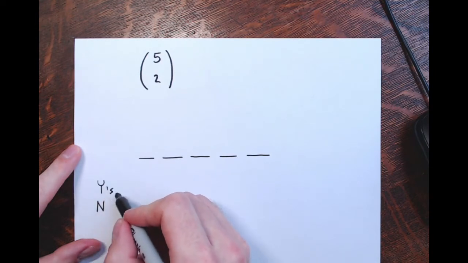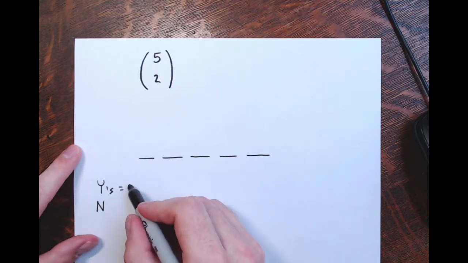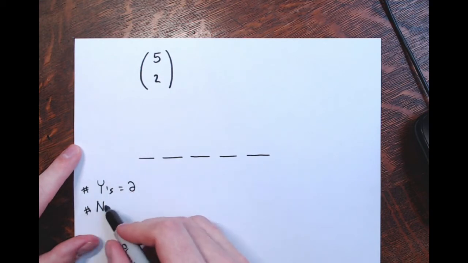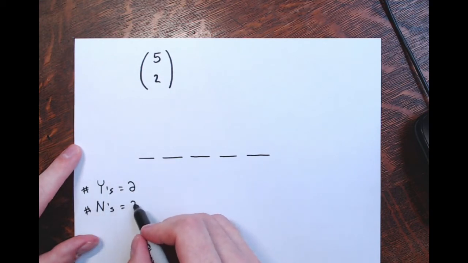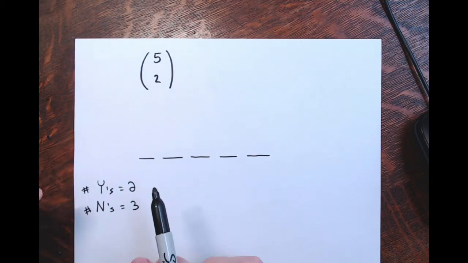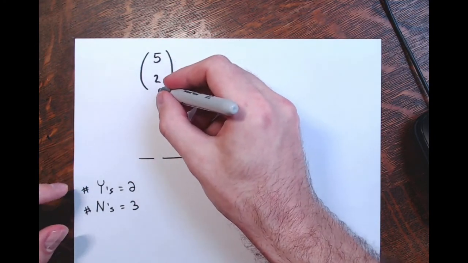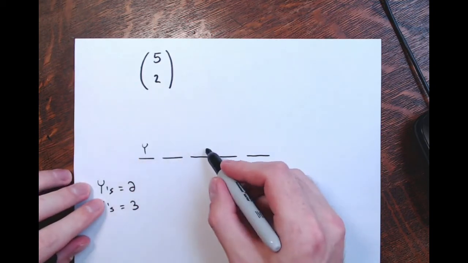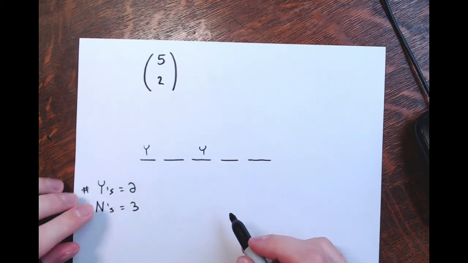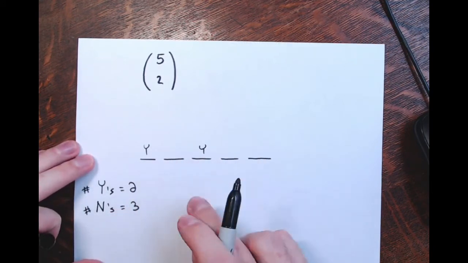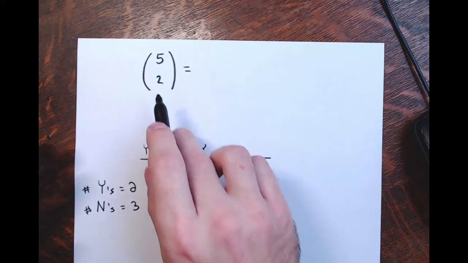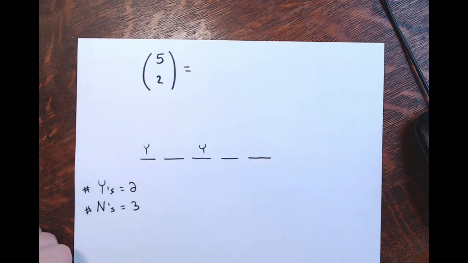Say the number of y's is 2, and the number of n's is 3. One thing I could do is choose where the yeses go. Maybe here and here, and then the n's will go everywhere else. Or here and here, here and here. 5 choose 2 is like choosing where the y's go.